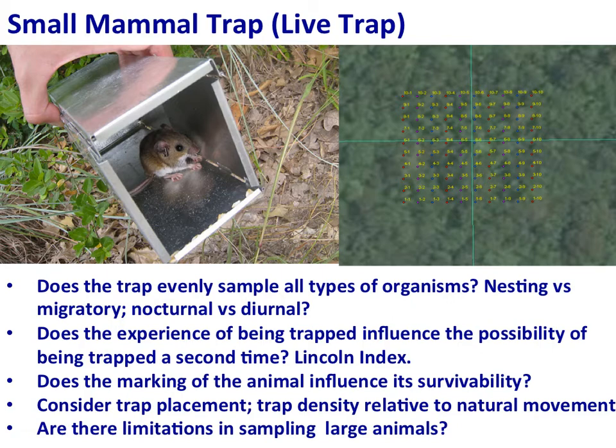Does the experience of being trapped influence the possibility of being trapped a second time for the purposes of the Lincoln Index? Does the marking of the animal influence its survivability? And consider trap placement, trap density, relative to the natural movement of the animal. Are there limitations in sampling large animals using the small mammal trap?